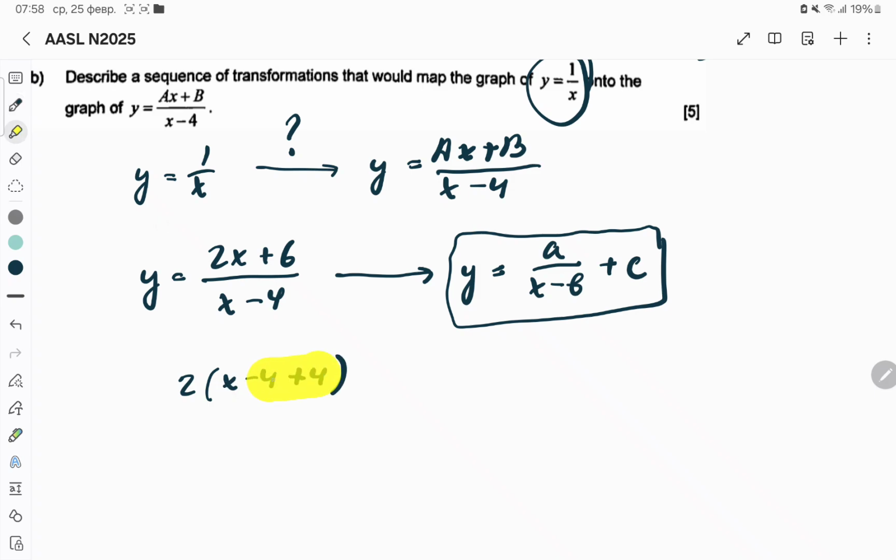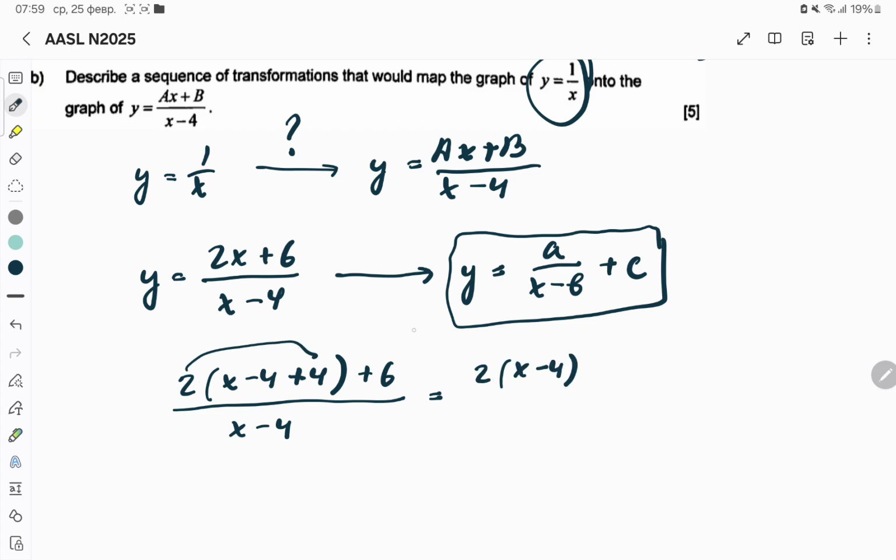I just added this to make it the same as the denominator. So let's use it: 2 times (x minus 4) plus 4. Now let's open the brackets, 2 multiplied by 8 plus 4 plus 6, over x minus 4.